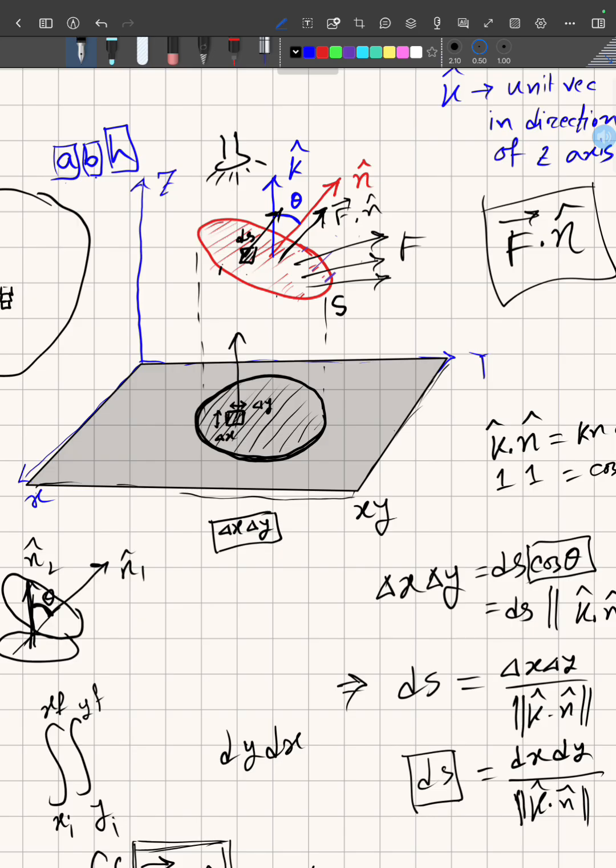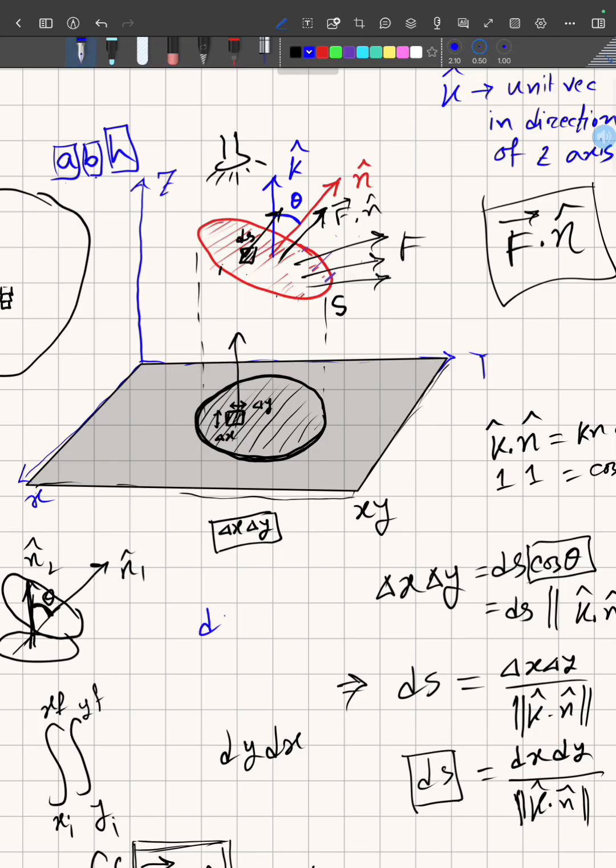This will not change how many flux lines are passing through the infinitesimally small portion ds. So the amount of F lines that pass through ds will be passing through dx dy. How many F lines are passing through ds?